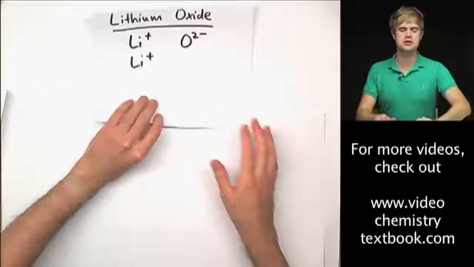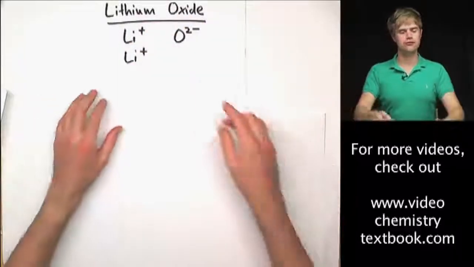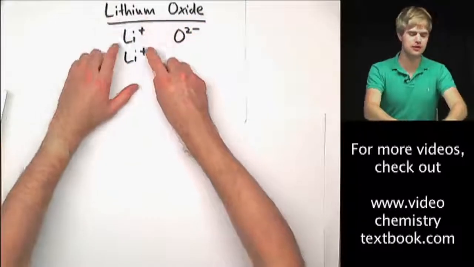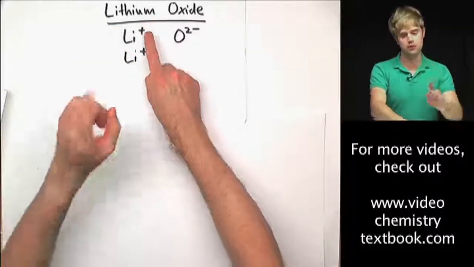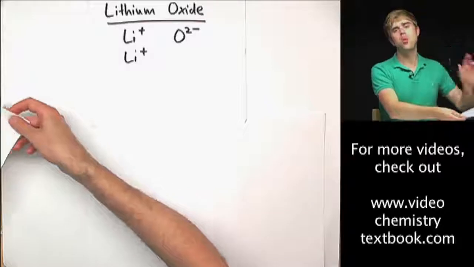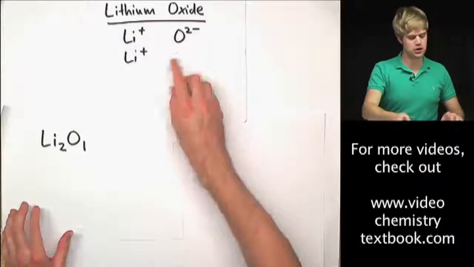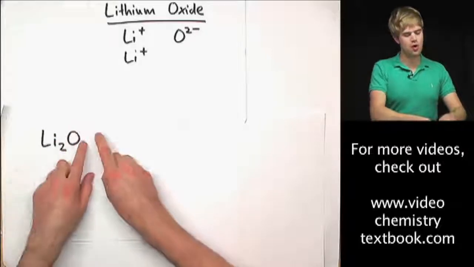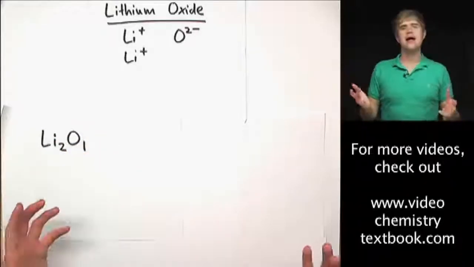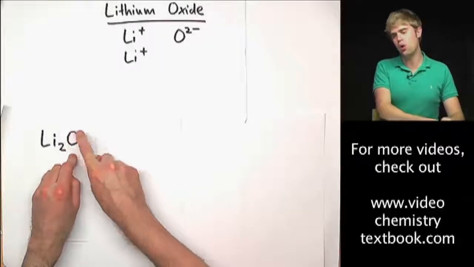Here are the two mistakes people make. Let's assume that you're asked to write the chemical formula for lithium oxide, and you find out that you want to have two lithiums with 1+ each to balance out the charge on oxygen, okay? Here is one mistake that people make. They say, okay, I have two lithiums and one oxygen, so I'll write Li2O1. They say, yeah, there's only one oxygen, so it can't hurt to just add the O1 here, can it?